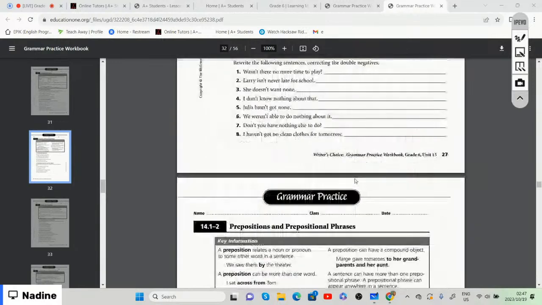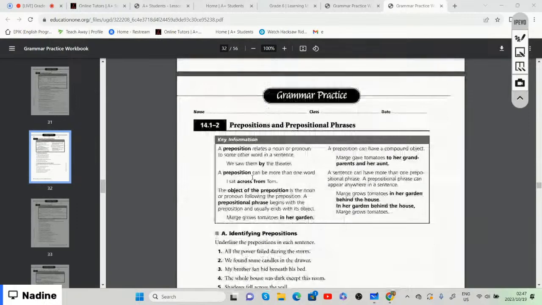So that is basically prepositions. We said a preposition is basically a connecting word. It connects the noun or the pronoun to the rest of the sentence.